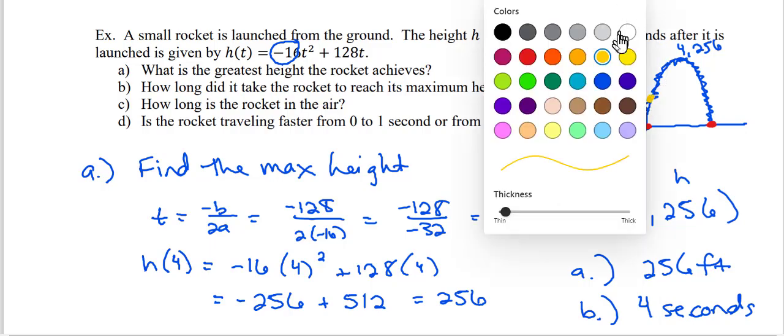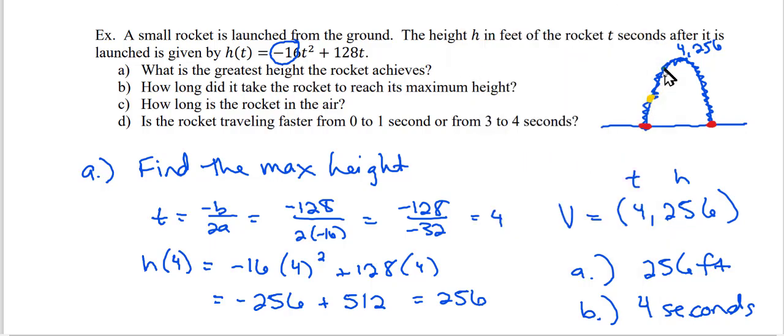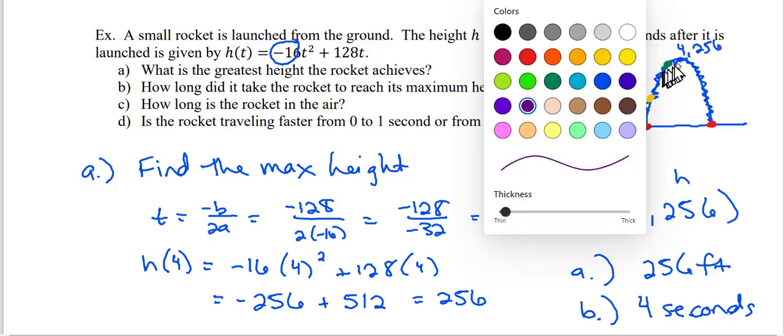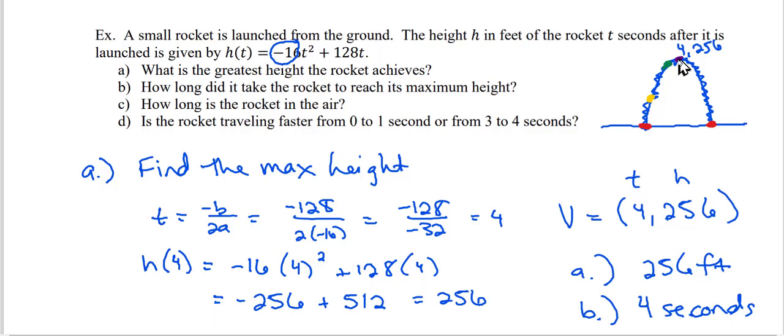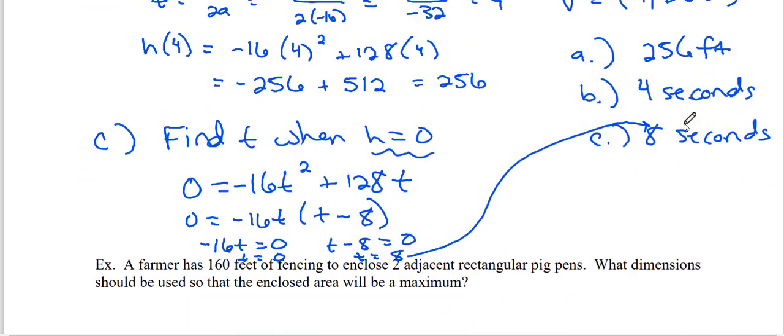Or is it traveling faster from this point here, green, to this vertex up here? Intuitively, to me, it's probably traveling faster from 0 to 1 second. But we should probably do some work here to justify that.